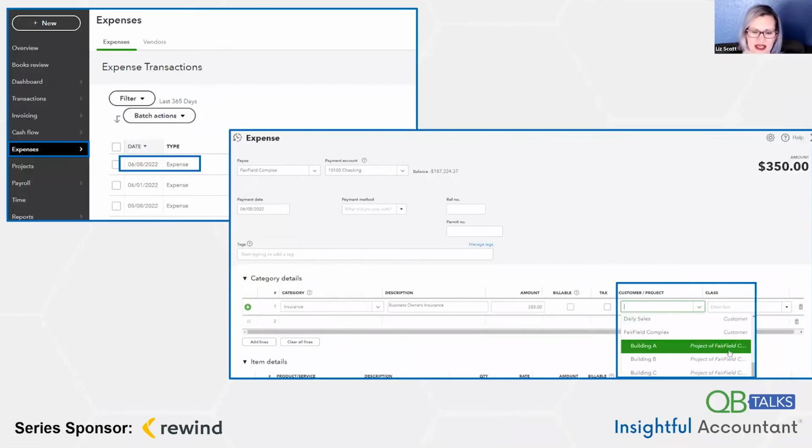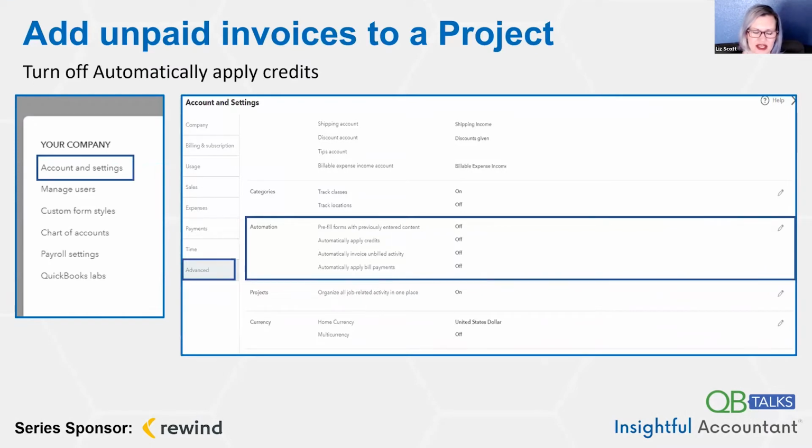So the existing, making sure that you're seeing one of the things that you can turn off is the automation where you are automatically applying credits because of those unpaid invoices, where we were talking about you breaking the link if you're tagging in a different customer. Before you convert, you're going to have to do a little bit of cleanup to make sure that you convert over smoothly, because you can't convert a customer over into a project.